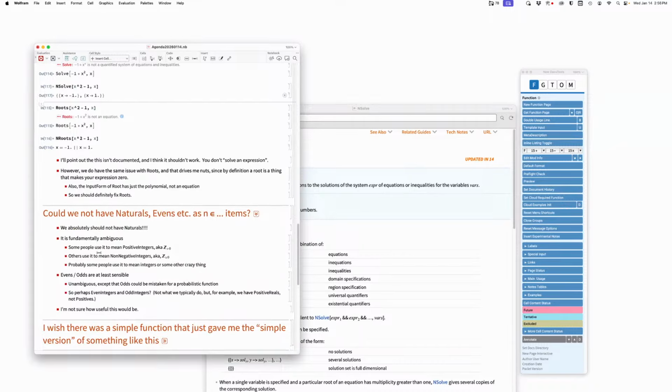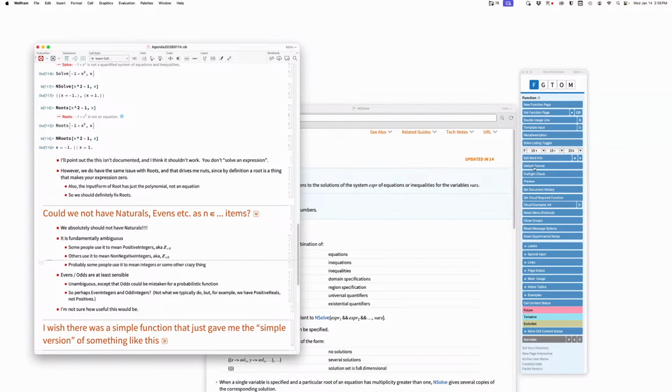We should not have naturals. There are two different things that people mean by naturals, and we have them under very clear names and notations. I did this experiment and nothing came up.